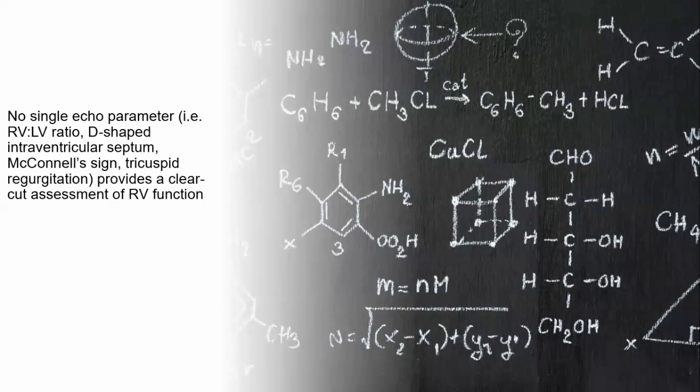If you have an increased right ventricle to left ventricle ratio, or you have a D-shaped septum or McConnell sign, whatever, it's more data points for you to say, look, there's increased pulmonary artery pressures, and that's what I'm seeing on the right side of my heart. Okay, so it should be history plus clinical exam plus bedside tests, and they should all be used to aid your diagnosis of PE.